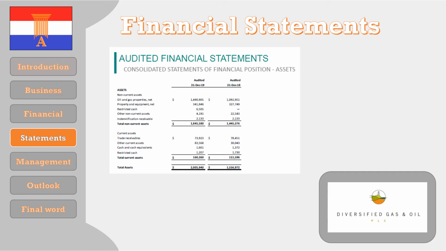What is worth noting is their total non-current assets, which are basically the assets where there's no way, or it's not that easy, to liquidate them, you can only sell them.